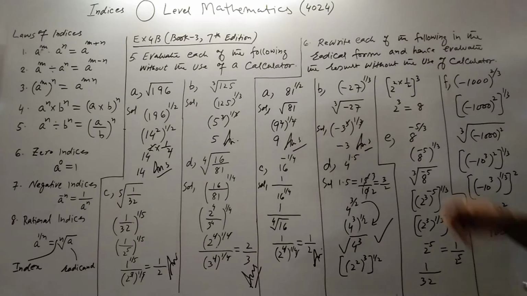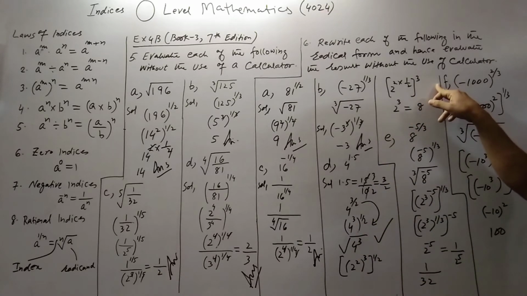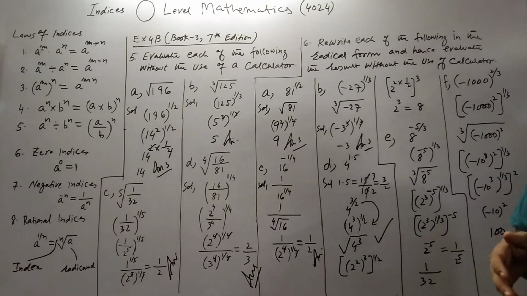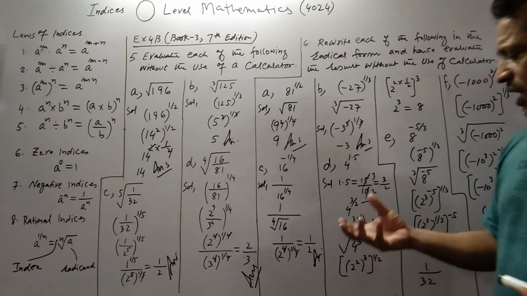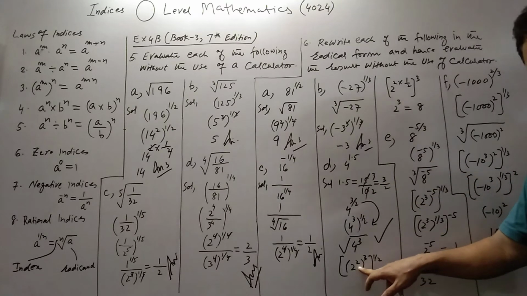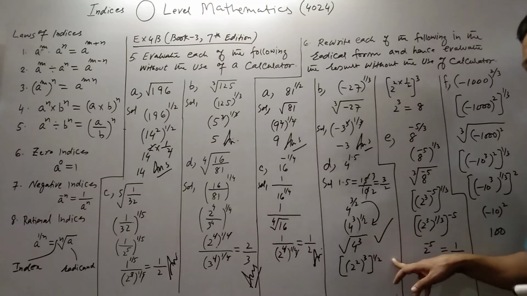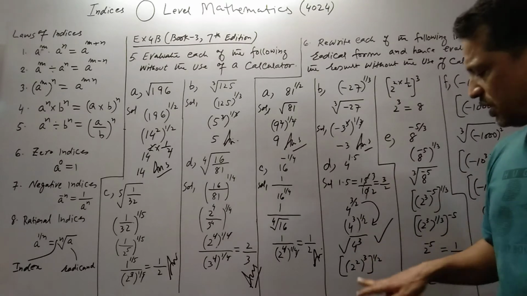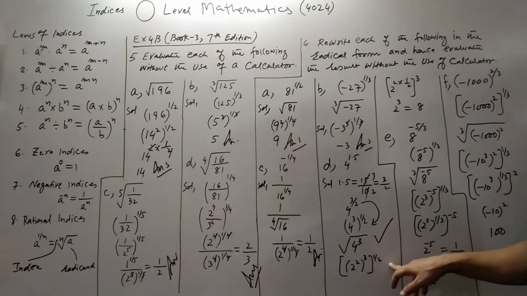We can write 2 square into 1 upon 2 into 3. Because students, if numbers are multiplied, whether you write the first number with the last number, second number with the last number, or first number with the second number, no problem. So this is 2 to the power 2 and the power 3 and whole power 1 upon 2.